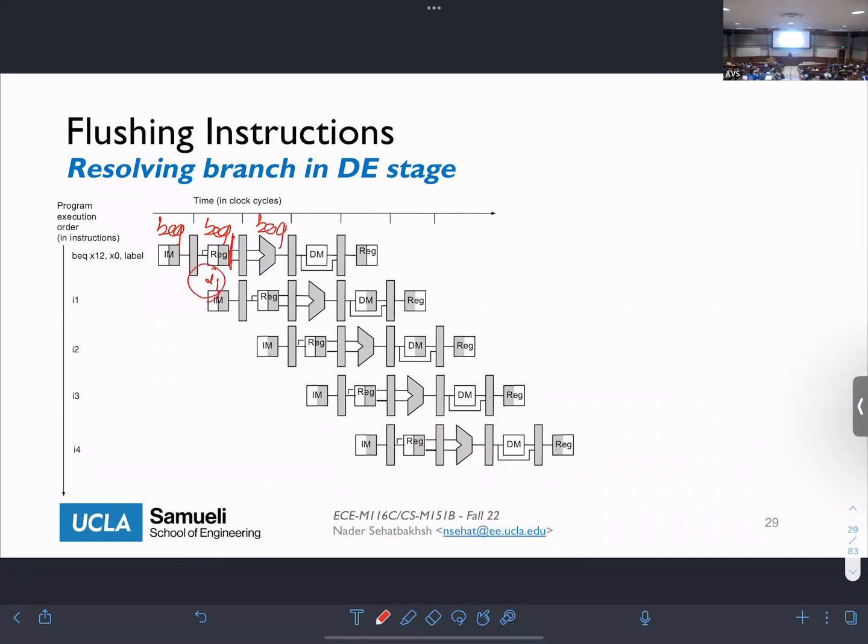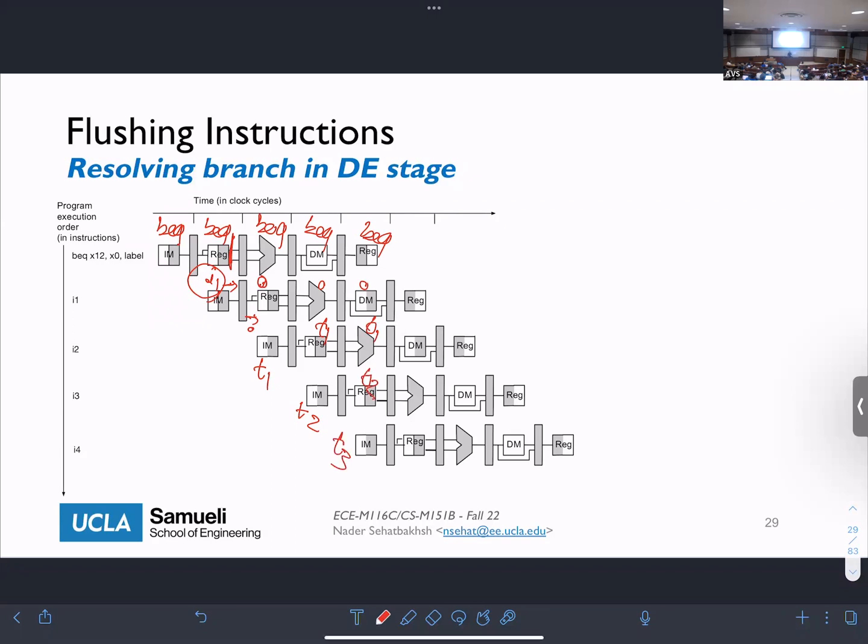If the branch has to be taken, then instead of sending this, we will send 0 here. So 0 goes here. At this point, we can safely fetch T1 here. Branch equal goes here. 0 goes here. T1, T2, and the rest of the story. Branch equal, 0, T1, T2, T3, and so on and so forth.